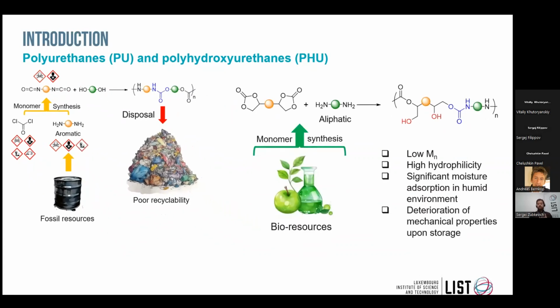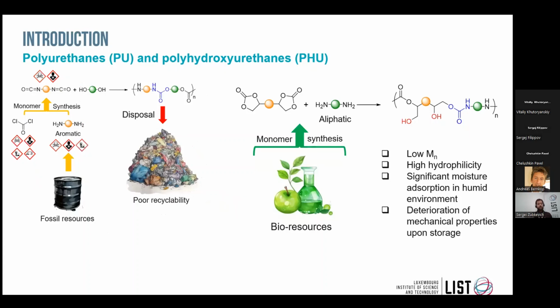Alternatively, quite long ago, an alternative route was suggested: to use the reaction between cyclic carbonates and diamines, which mostly are aliphatic because they have high reactivity towards ring opening of cyclic carbonates.